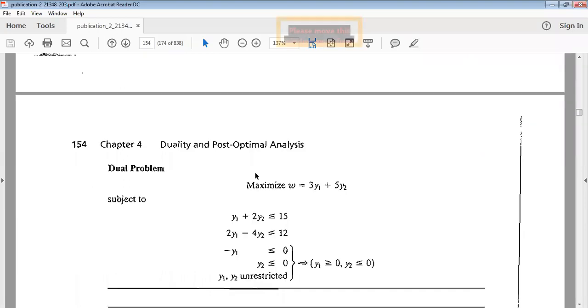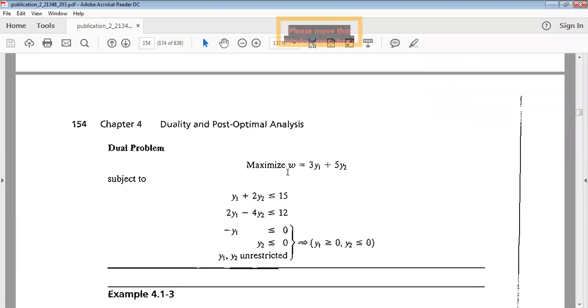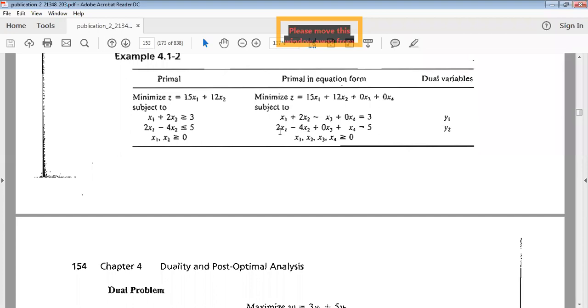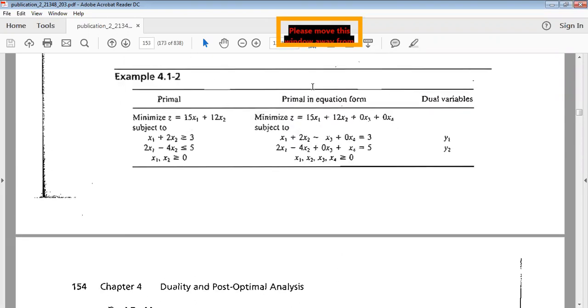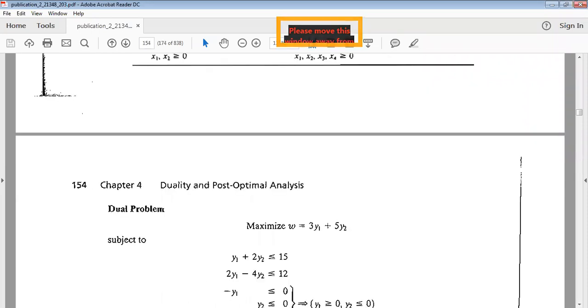Subject to the constraints, this is y1 plus 2y2, and this is less than 15. All these are greater than in the primal, so in the dual it is less than 15. Maximization means less than 15.